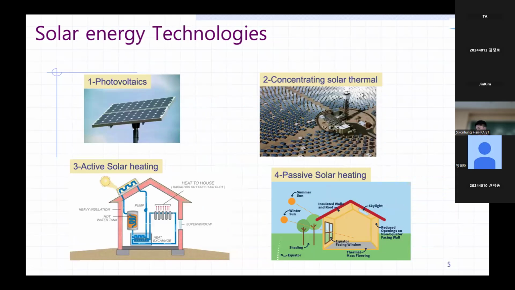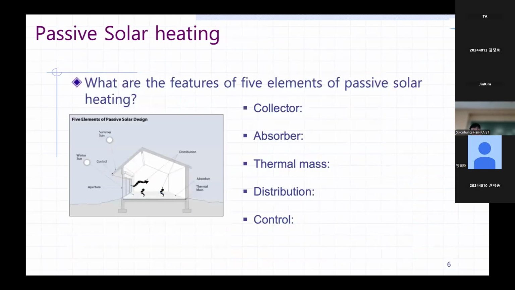And then I'm going to talk about number 3 and 4, active solar and passive solar. So we just remember the name for each. Does anybody know what the features of the 5 elements are? Maybe no, because we have no lectures for it. Does anyone have any background knowledge for these?